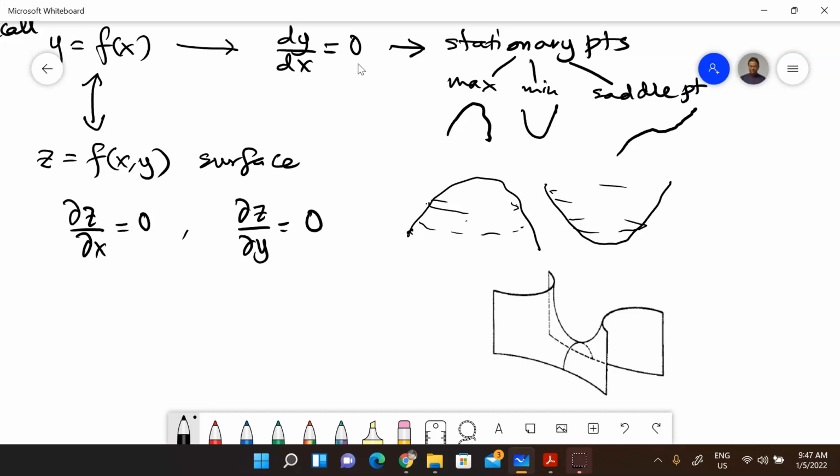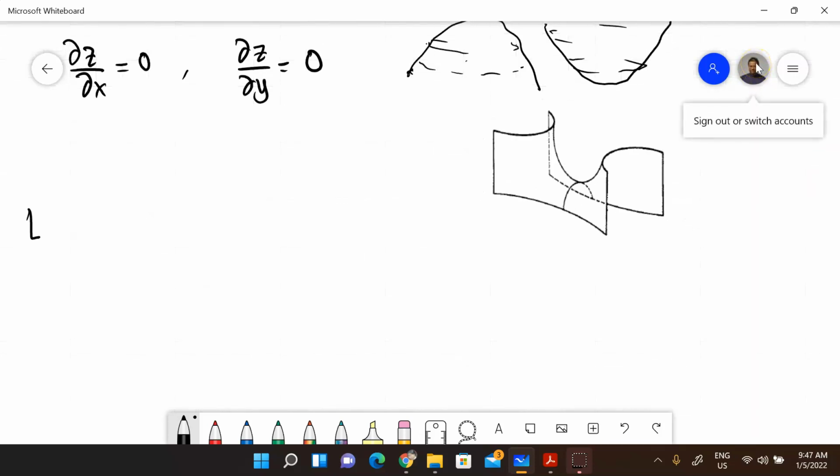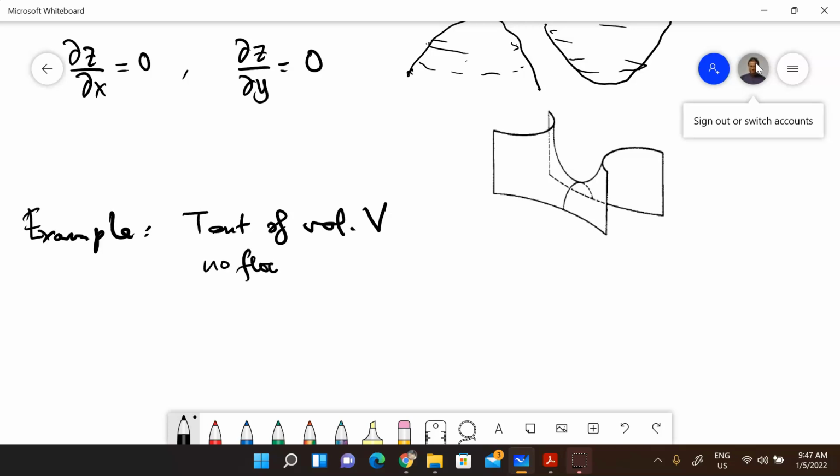Okay, so let us do an example. Hopefully I can finish this in time. Here's an example. We want to build a tent of some volume V, and the tent doesn't have any floor, so you just have something like this. Actually, there's a diagram in the book, but I'm not going to paste it again.